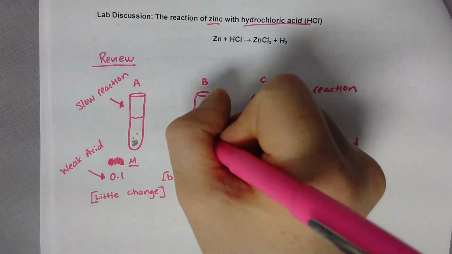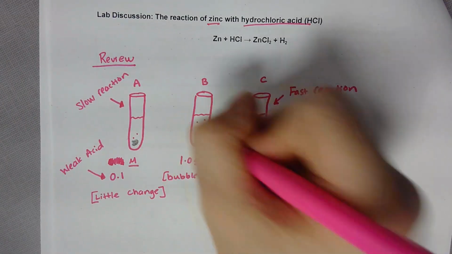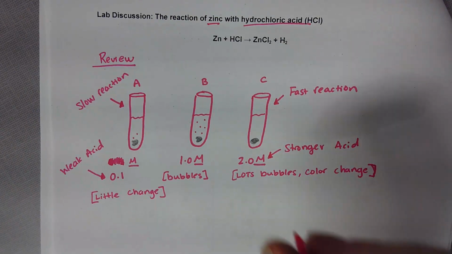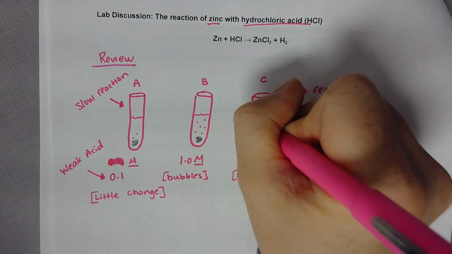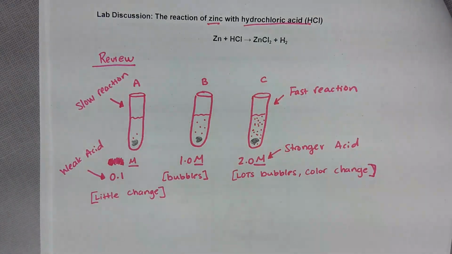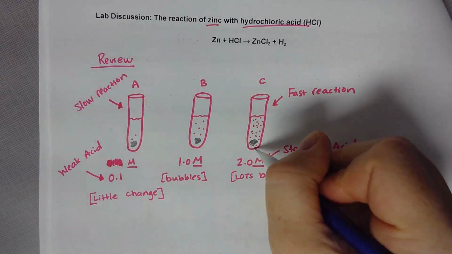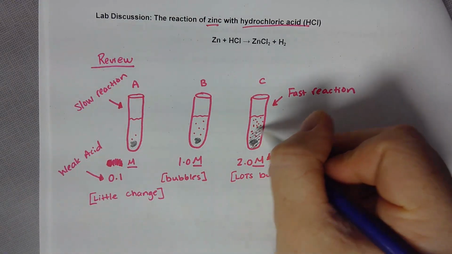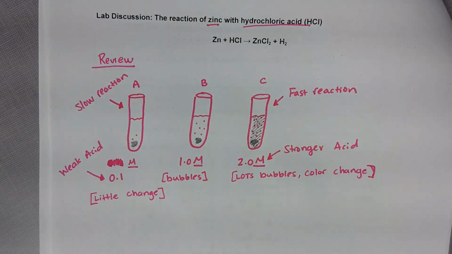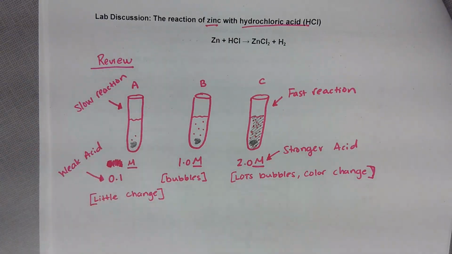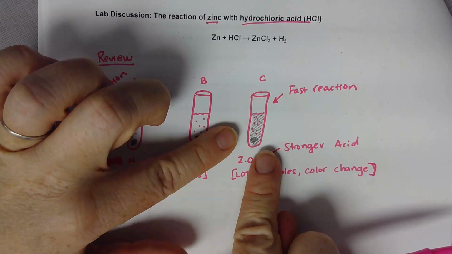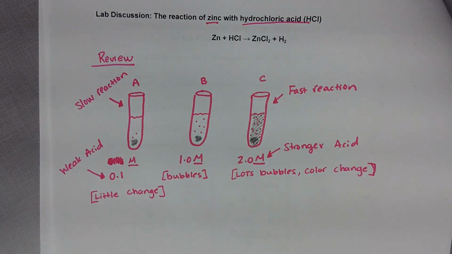Test tube B, we saw some more bubbles, a visible, clear reaction. Test tube C, we saw a lot of bubbles. And we saw that liquid start to change color as the zinc appeared to kind of dissolve into that solution. And we could correlate that with acid strength. Very, very slow reaction in test tube A, much faster reaction in test tube C, which is why we saw that change in data and observations.